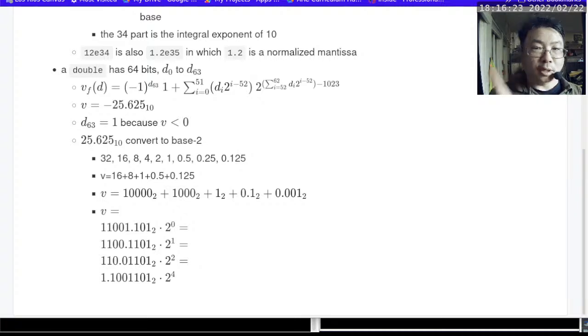But this is also greater than or equal to 0. So now we have met the criterion because it's singular of the normalized mantissa. Are we okay so far? Does everybody understand why we now have a normalized mantissa? It's in base 2, but it's still a mantissa. And then we have an exponent of 4.